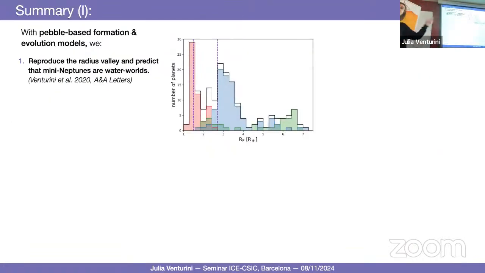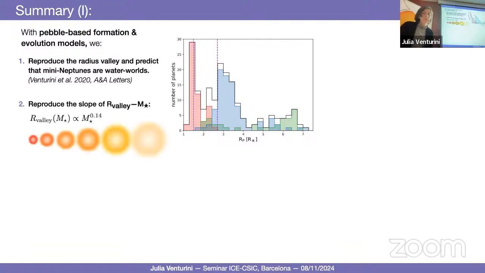Okay, so just to summarize all this radius valley, I know it's a lot of theory and a lot of results. So just to take some home messages. With pebble-based formation and evolution models, we reproduced the radius valley and predict that mini-Neptunes are water worlds. We reproduced the slope of the radius valley with stellar mass.